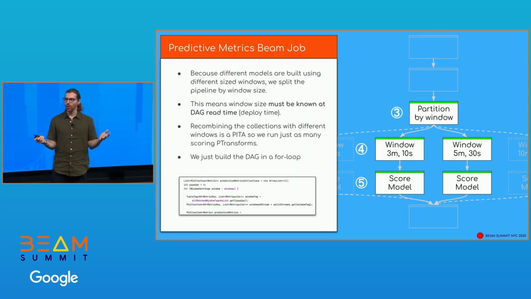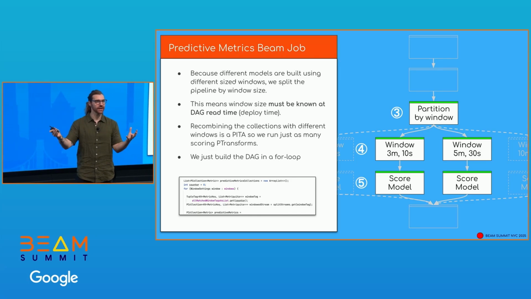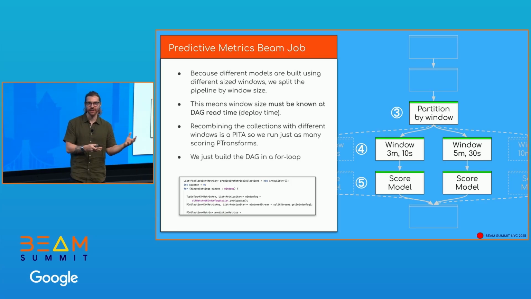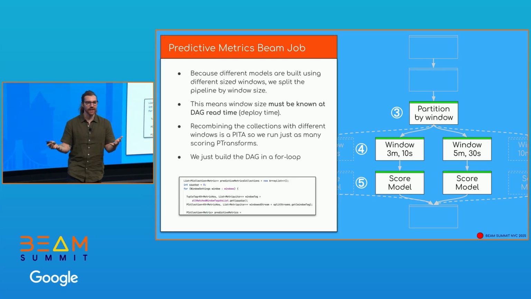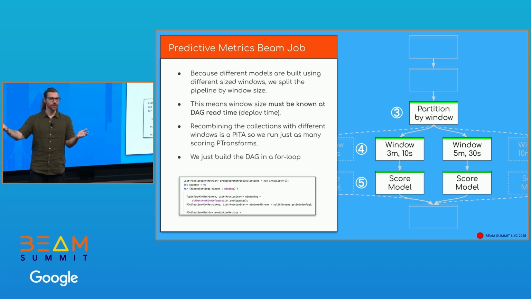For the partitioning by window part, this is kind of interesting because you can't dynamically pick a window. You can't just, as you read the config, say, oh, actually, this predictive metric needs to be a 10-minute window. You have to know that in advance. So what we've done is we pass an argument into the job that gets decided at DAG build time: here's the list of windows that you support.